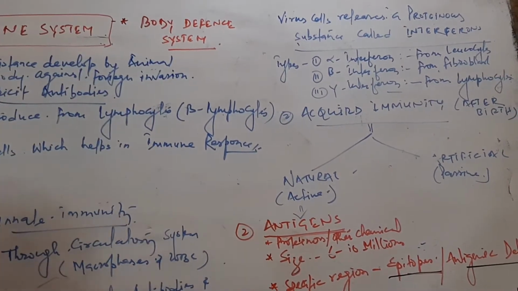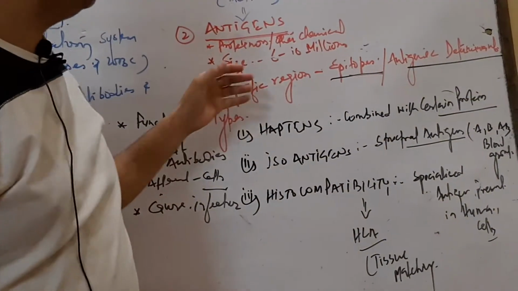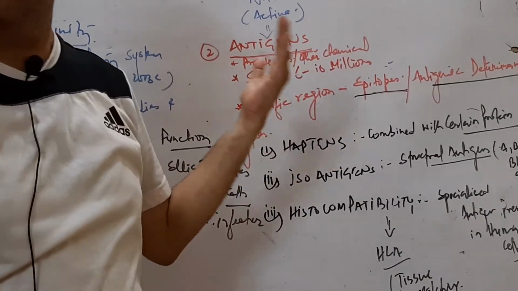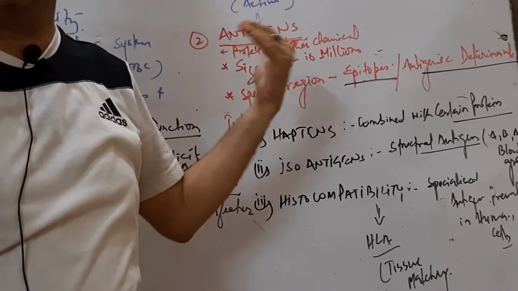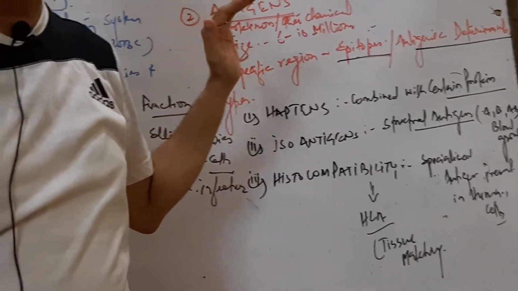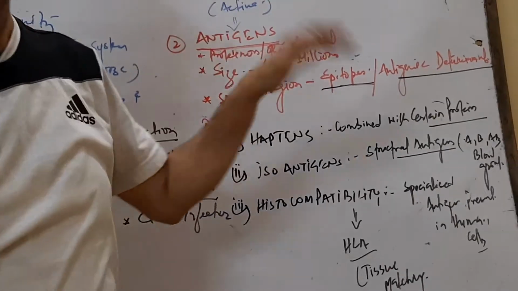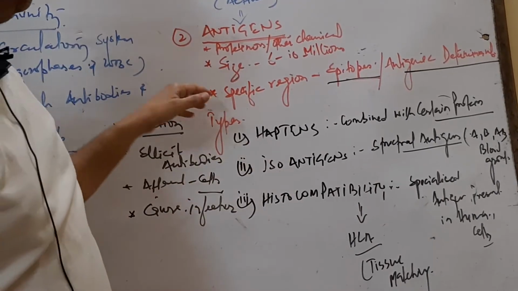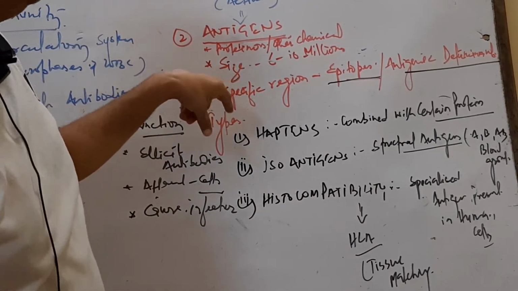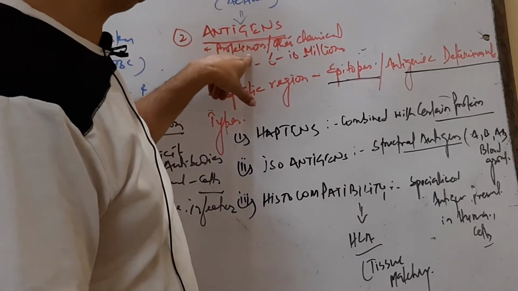Antigens are foreign substances which are mainly released from foreign invaders like microbes, pathogens, and other invading particles. They might be proteinous or other chemicals.